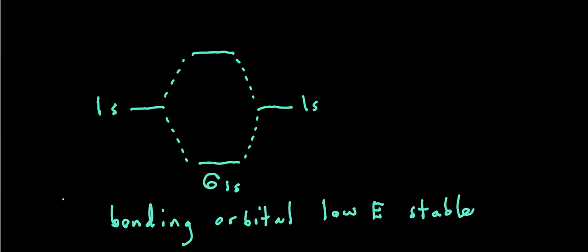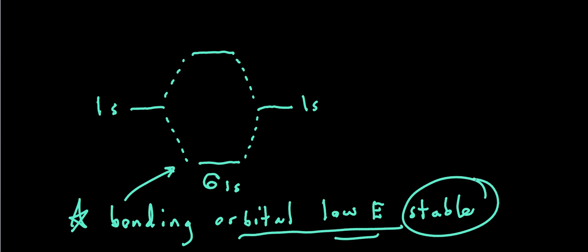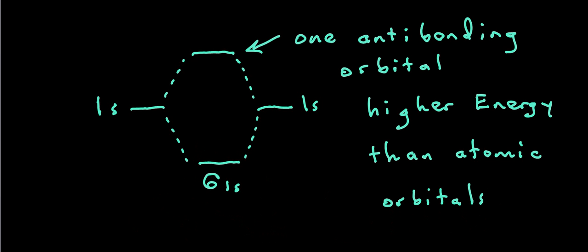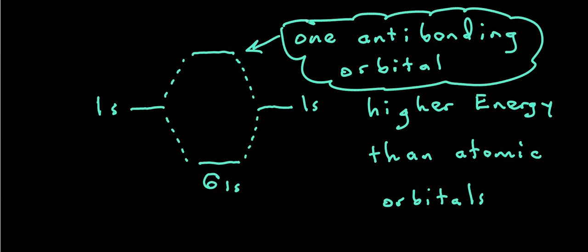Our bonding orbital that we have here is of low energy, and it's considered to be stable because it is at lower energy than the original atomic orbitals. The designation we have here is sigma 1s for this bonding orbital. The second molecular orbital it forms is a single, what's called anti-bonding orbital.